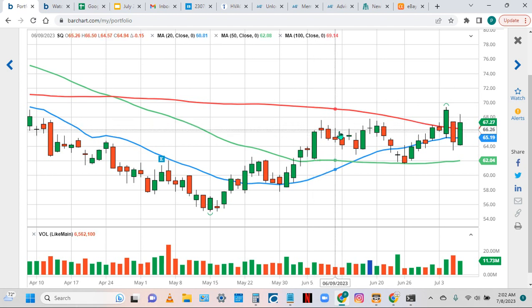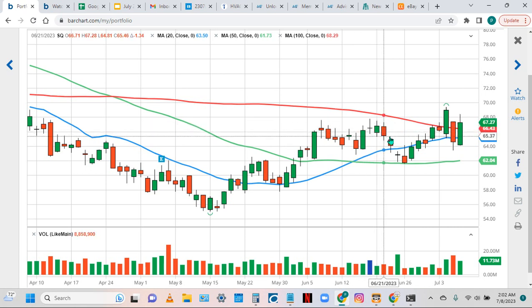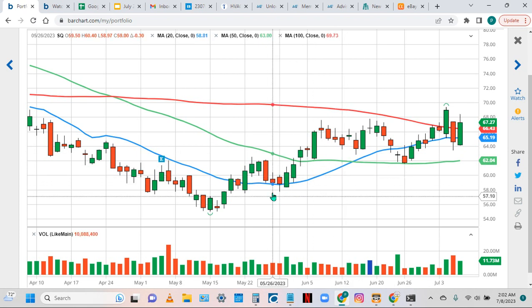And then we got this pullback. We've got another indication of buyers here, another large green candle. Then we have an indication that sellers are still present with these 4 days down. These are actually gap down days, right? See that space in between there, it's a gap down. And then we get this area here, which turns out to be the next higher low pivot versus this pivot here.